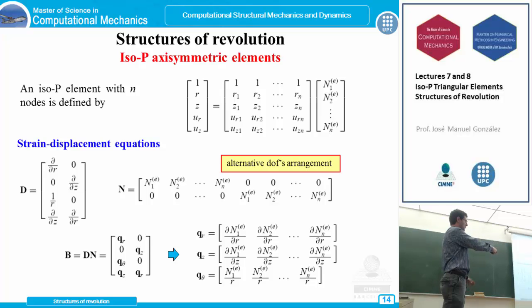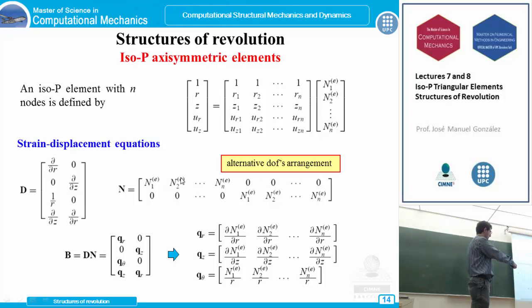These shape functions are something about the element, so don't worry about them. Any element we are going to use in the cross section has these shape functions, as we have been explaining before. So the strain displacement equations now are this partial derivative operator we have presented some slides before. We have n nodes, so we will have n shape functions. We are going to place them in this way.